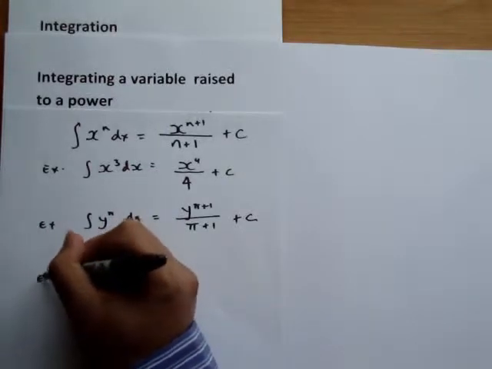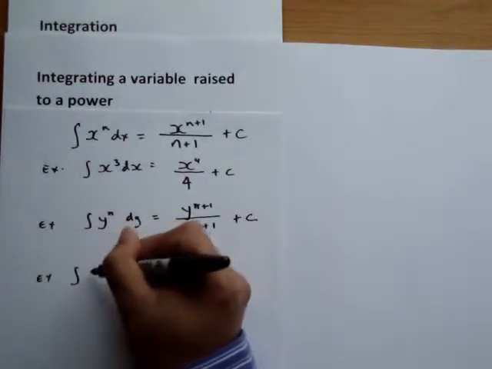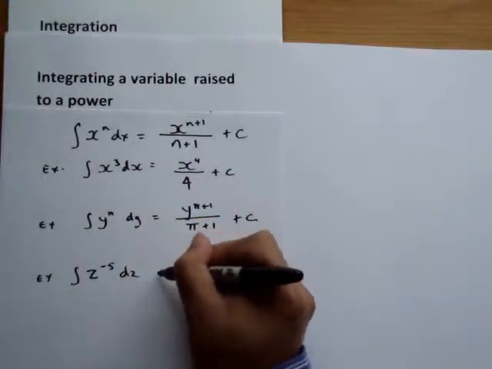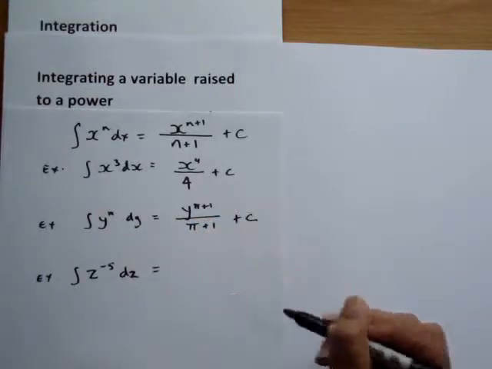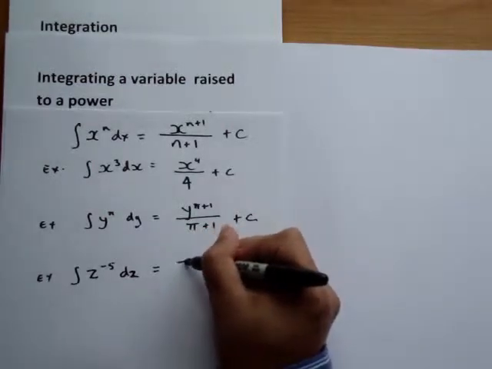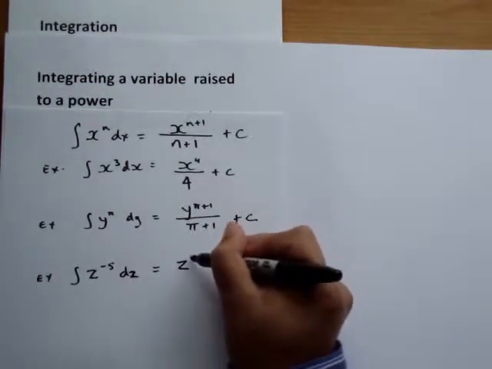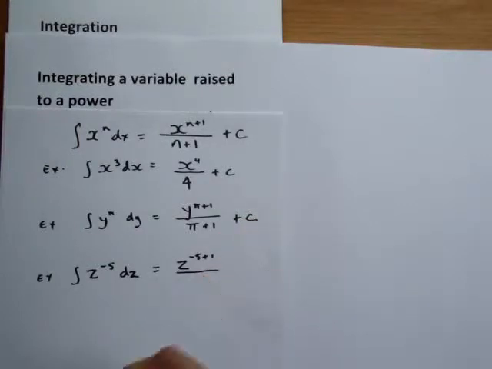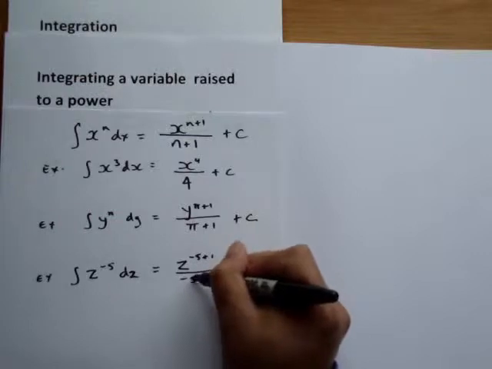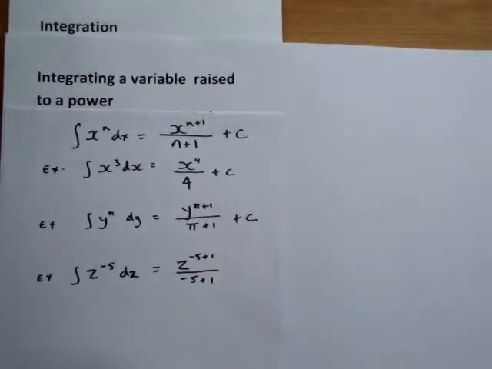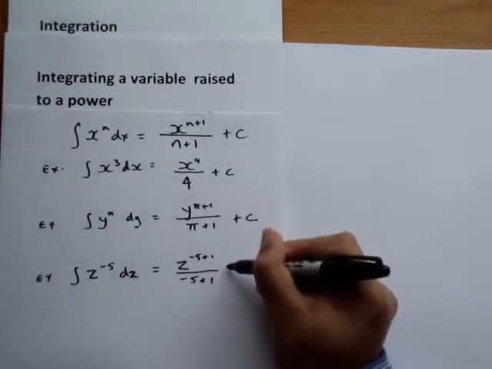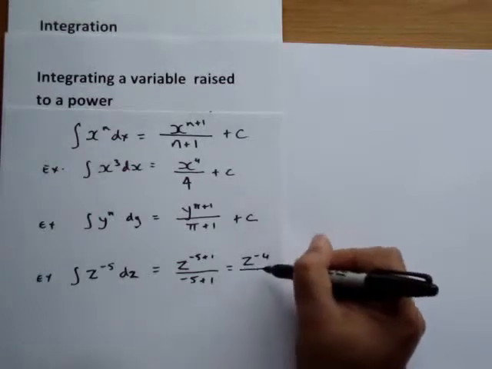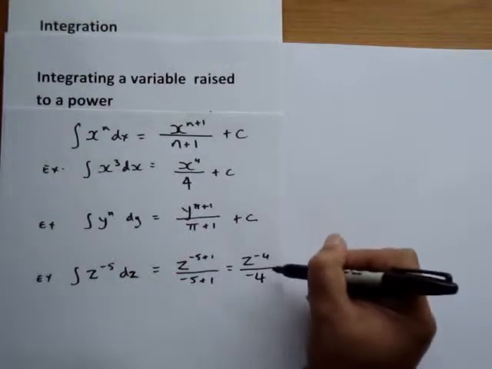If we have the integral of z to the minus 5 dz, this equals z to the minus 5 plus 1, all over minus 5 plus 1. So minus 5 plus 1 equals minus 4, giving z to the minus 4, and minus 4 on the bottom.